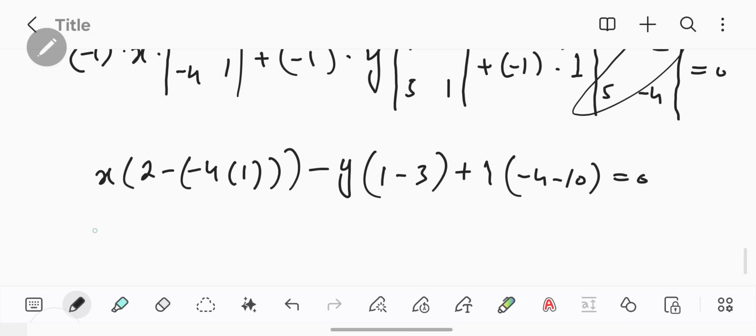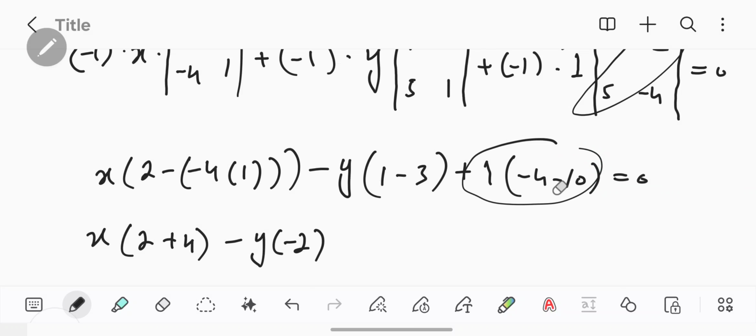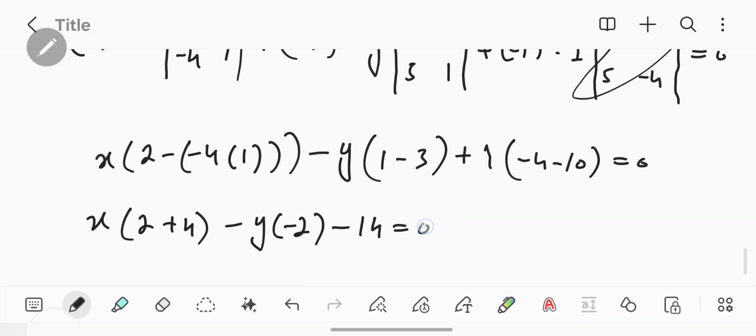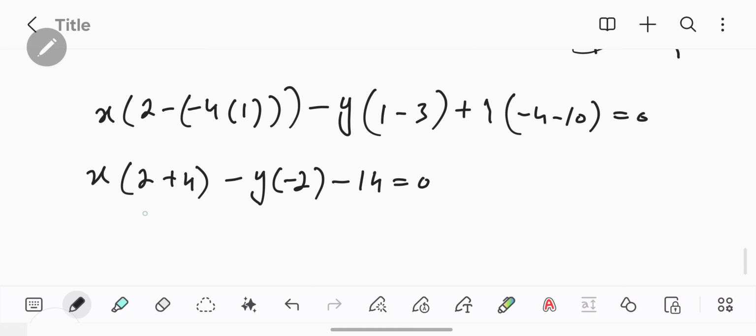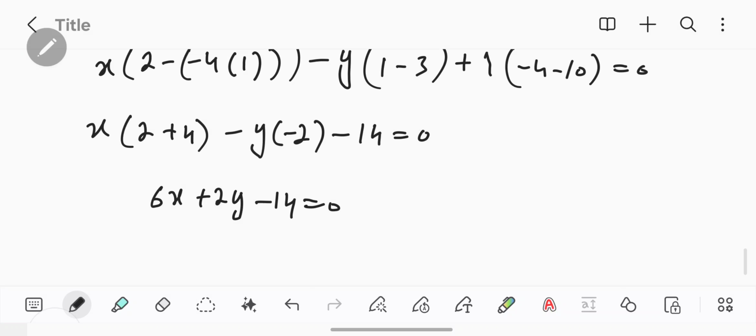Now if I solve these, I will have x times 2 plus 4, minus y times minus 2 because 1 minus 3 is minus 2, and 1 times minus 14, which is equal to 6x plus 2y minus 14 equals 0.